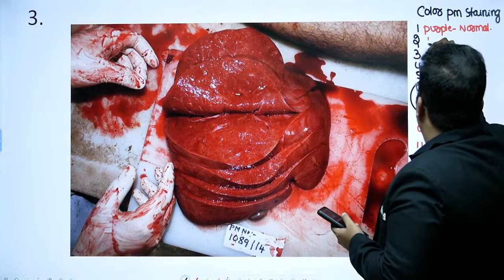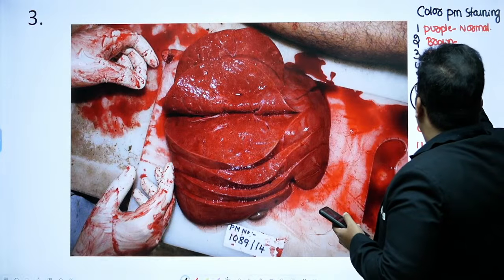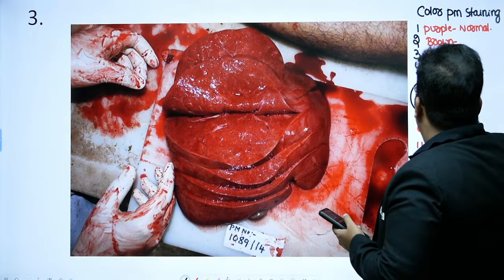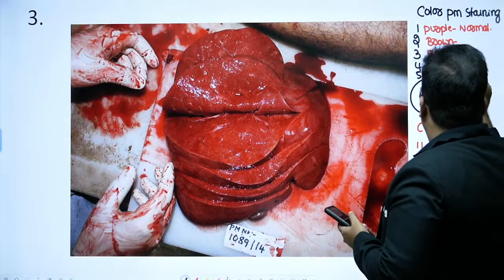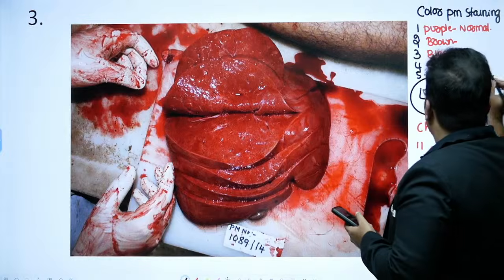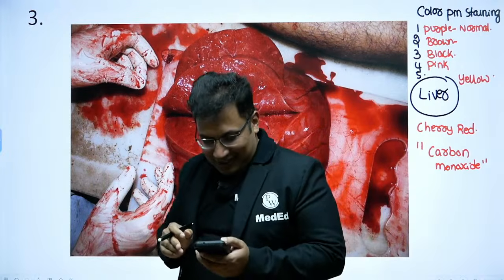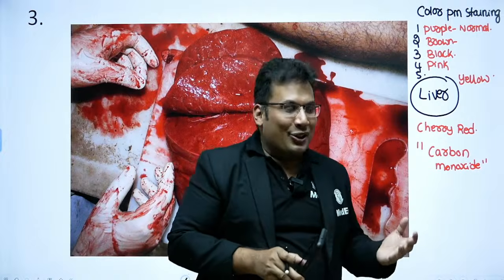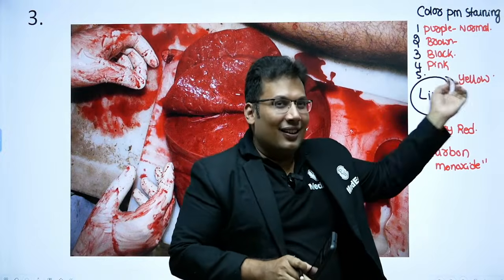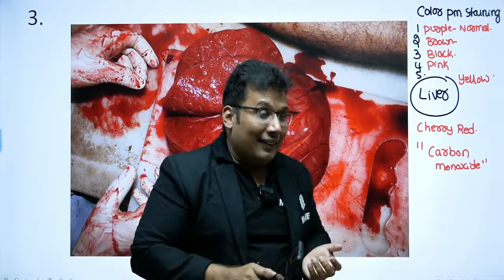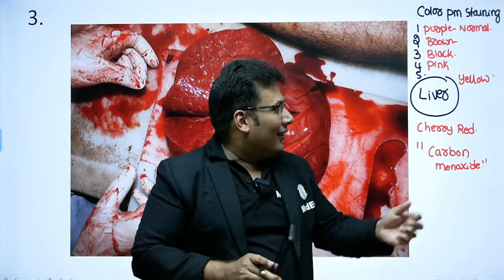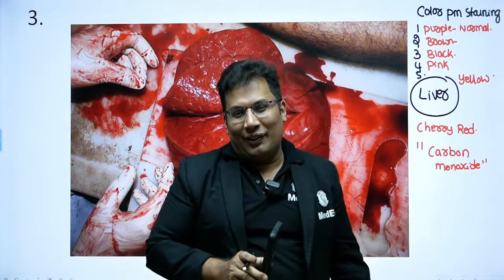So my question is about brown color, black color, pink color, yellow color. Can anyone answer? What are the poisons showing brown color? Then black color, pink color, then yellow color, yellow, dirty fellow.